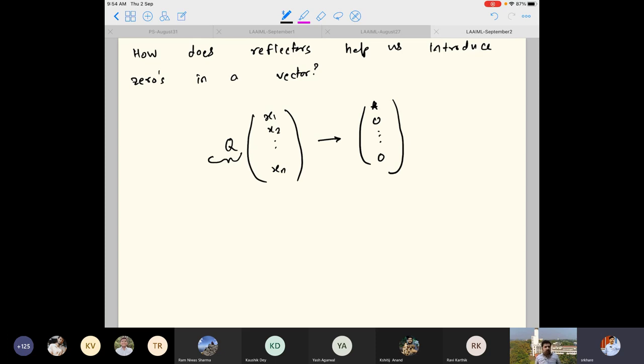So it can be a single reflector or product of several reflectors, and that is what we are trying to investigate. Okay, so this is the question that we want to answer, and we'll prove a theorem now which says that we can actually find a reflector which will do this job. Okay, so how will we do that?